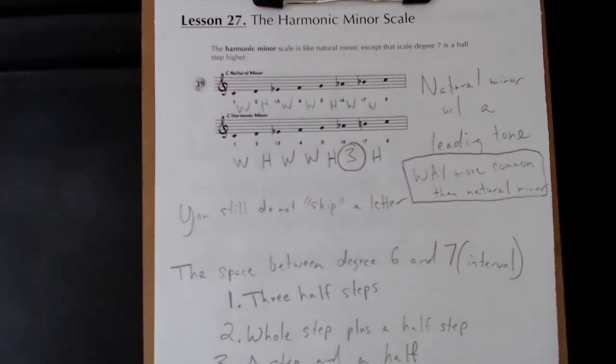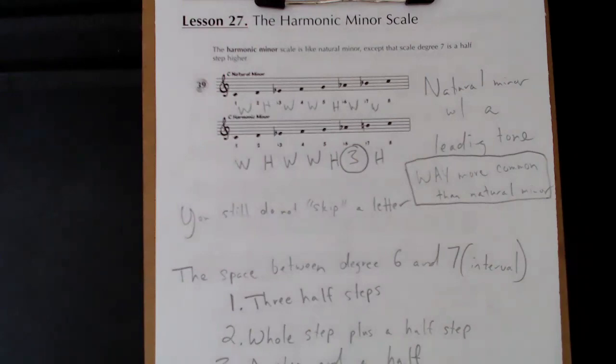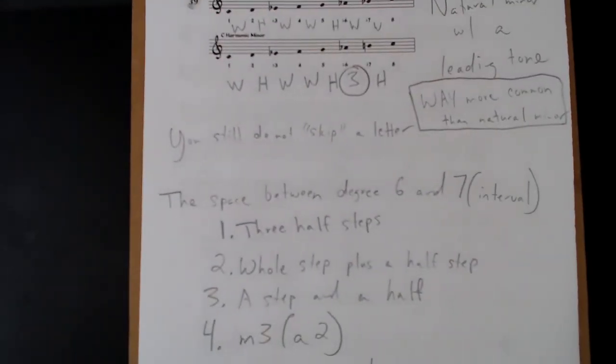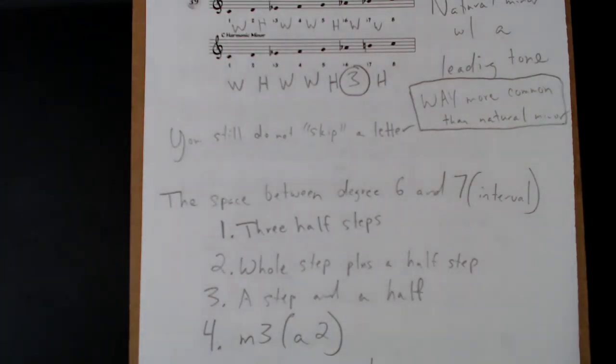One time I was working at a school, and there were 3 music theory teachers, and they all called the interval between scale degree 6 and 7 in a different way. One of them called it 3 half steps. One of them called it a whole step plus a half step. One of them called it a step and a half. As much as they were fighting, all 3 of them were correct. That's 3 different ways of saying one thing.